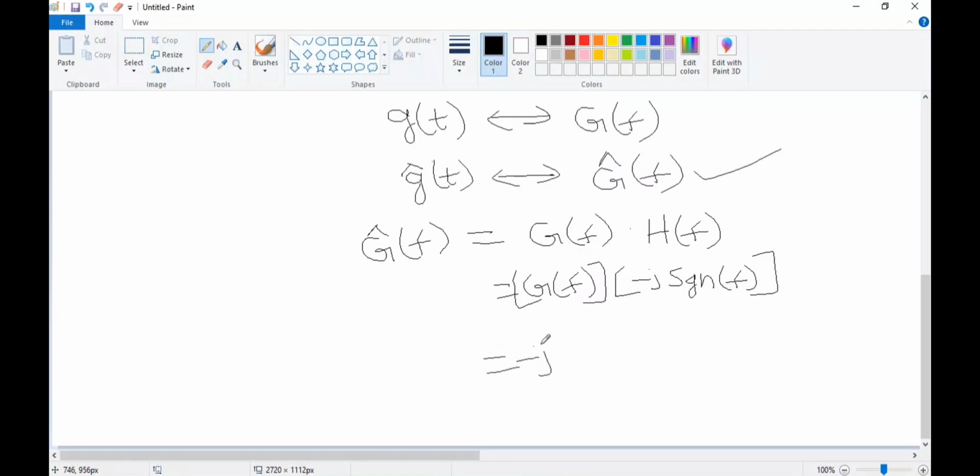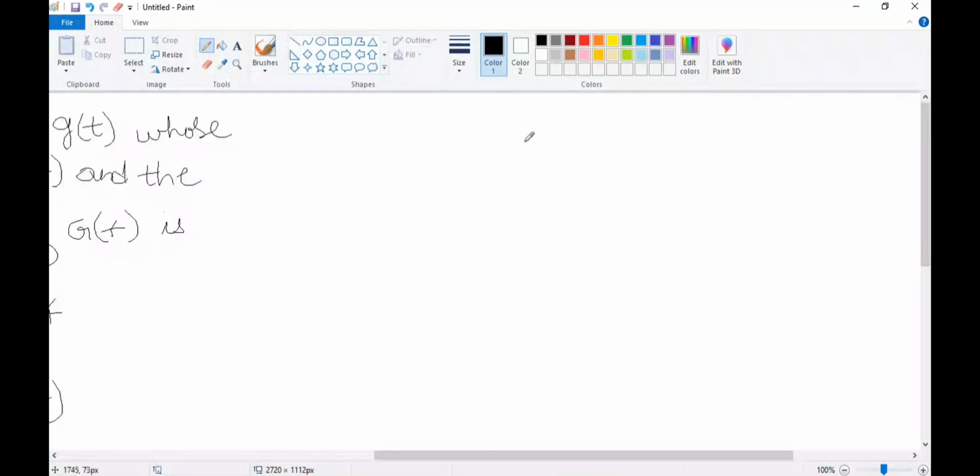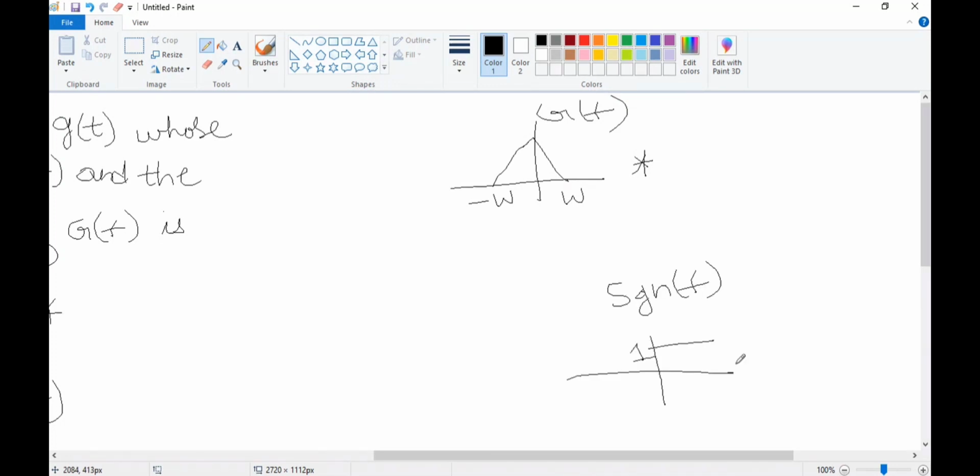sgn of f. Here I don't know what the signal G of t is, but I know the spectrum G of f, which exists from minus infinity to plus infinity. That should be multiplied with the signum function, which is minus 1 for f less than 0, and this gets multiplied with minus j.